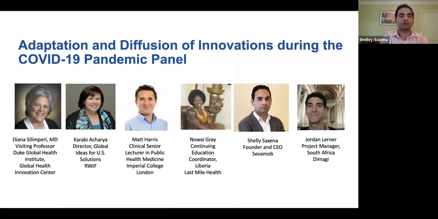Now, some of the tweaks which we made in the model during COVID was, one, we developed a protection kiosk called Sevamob Protector, which protects frontline health workers and can reduce the cost of PPEs by up to 90%, just because fewer PPEs are needed if you use that kiosk. Then we started offering three options to our customers with different cost structures for each: an on-site only option, a hybrid option, and a telehealth option.